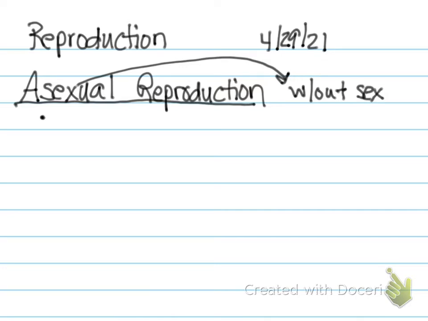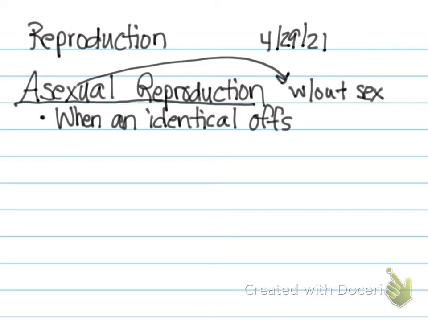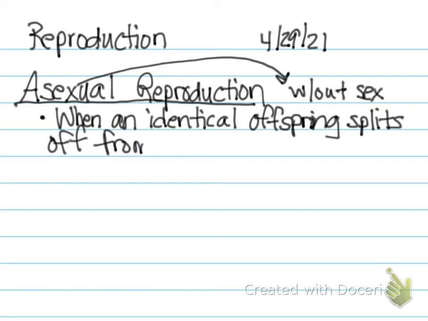And here's my first bullet point. So asexual reproduction is when an identical offspring, and remember, offspring means child, splits off from the parent.